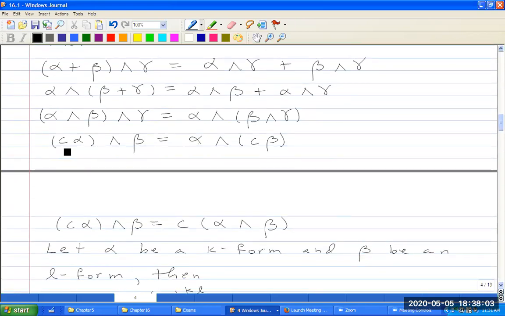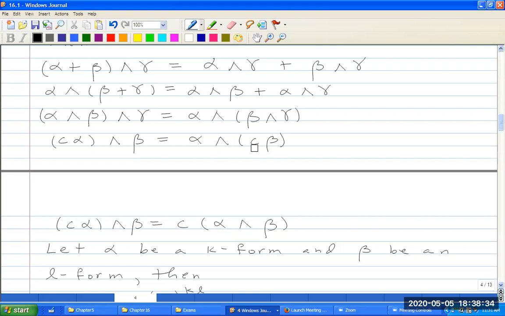If c here, again, is a constant, a scalar, a zero form, then I can just take it out of the wedge product. So if I have alpha wedge c beta, that's the same as, well, I can bring it out in front of the wedge product, c alpha wedge beta.